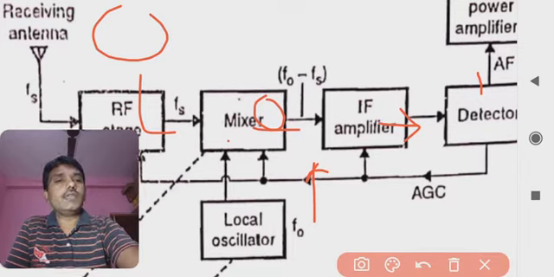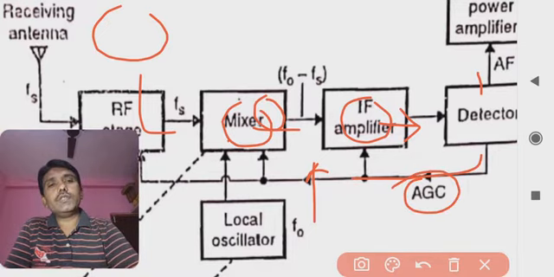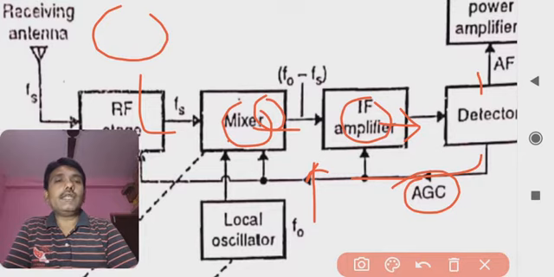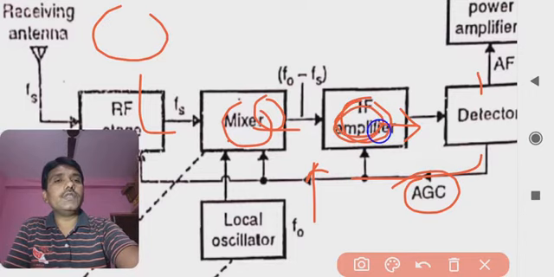If you look at this carefully, the detector is also connected back to the IF, the mixer, and the RF amplifier through this AGC, and this AGC is the automatic gain controller, which maintains the modulated output voltage with the input selected frequency and the intermediate frequency which is added.